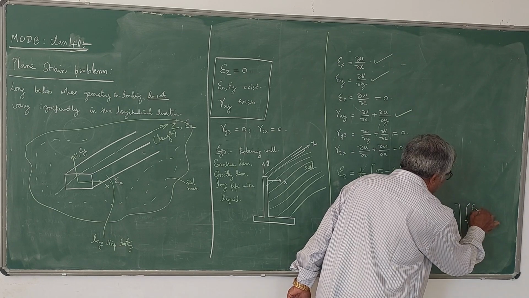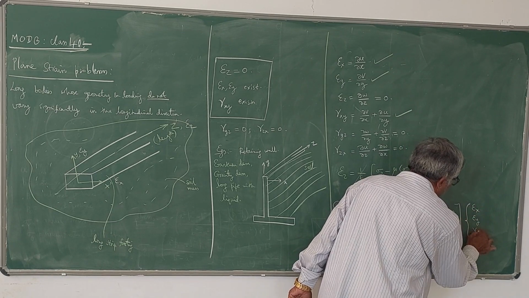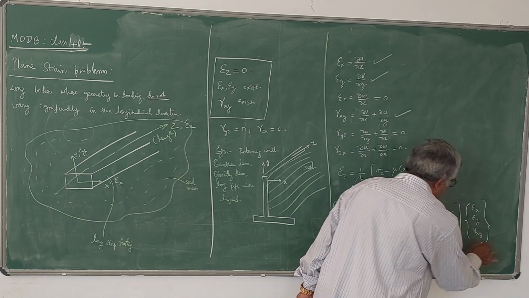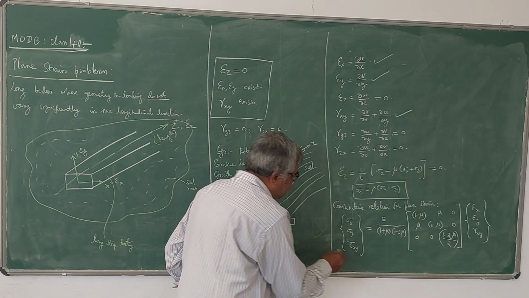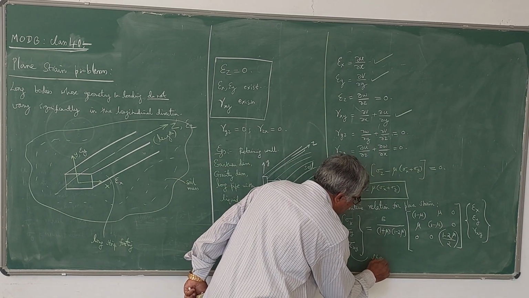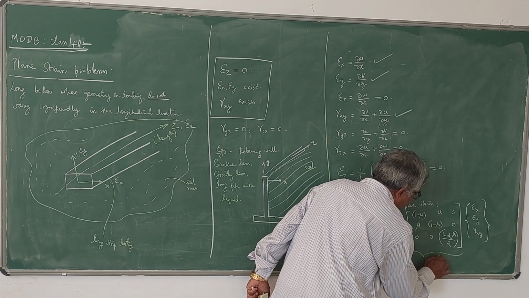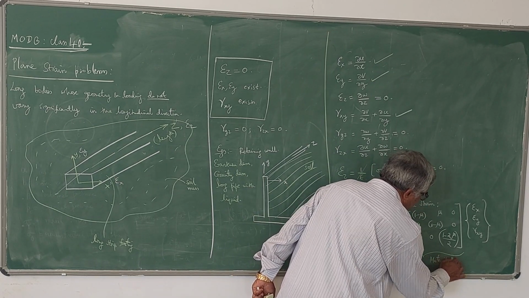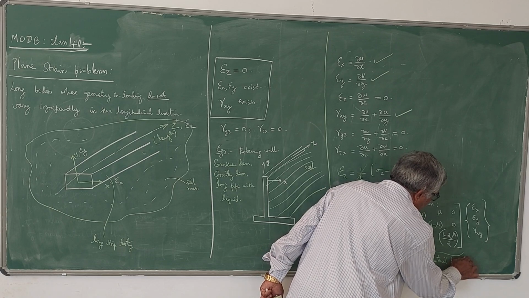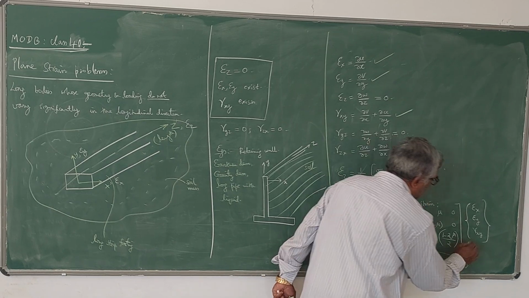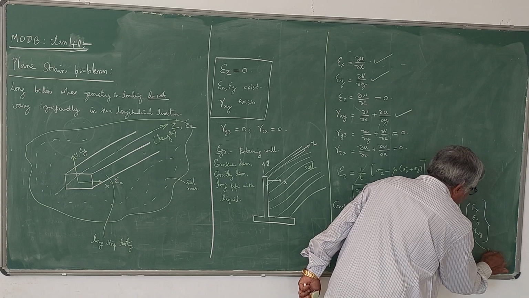Here you have the strain matrix like this. So once again, this is the stress matrix, this is the material property matrix, which consists of E and mu. This is the strain matrix.